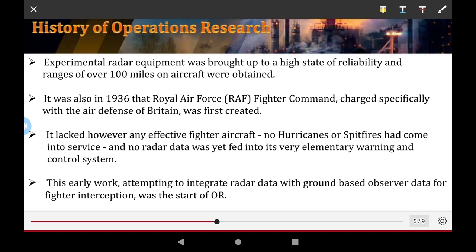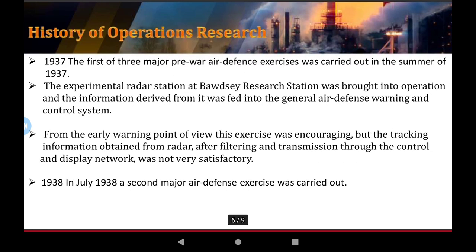This is the earlier work attempting to integrate radar data with ground-based observation data, for the use of operation research.